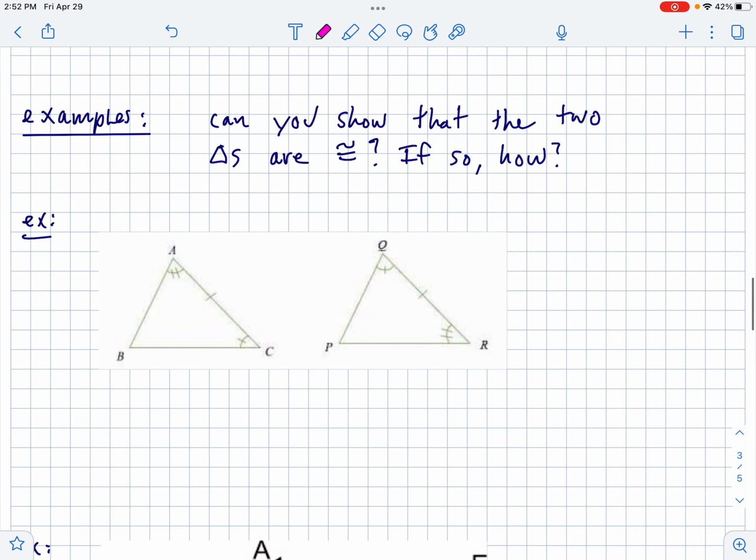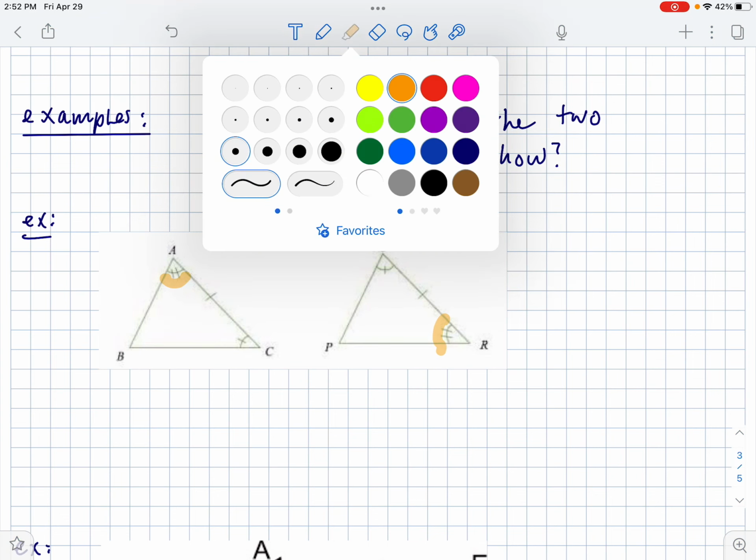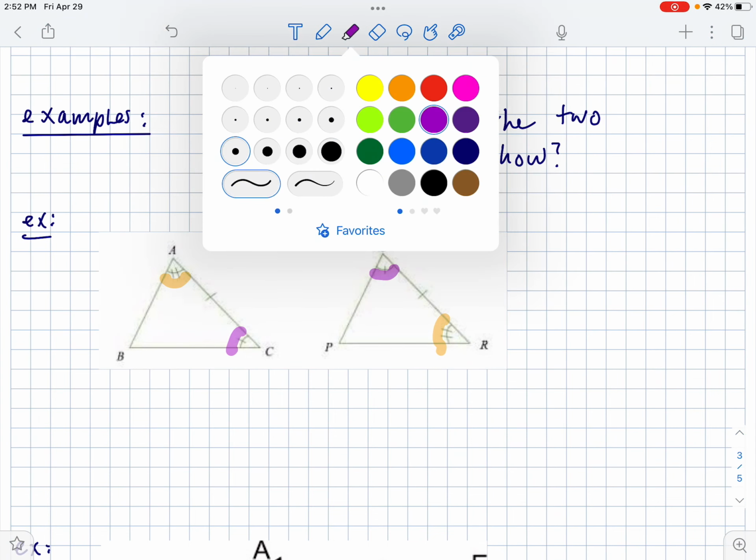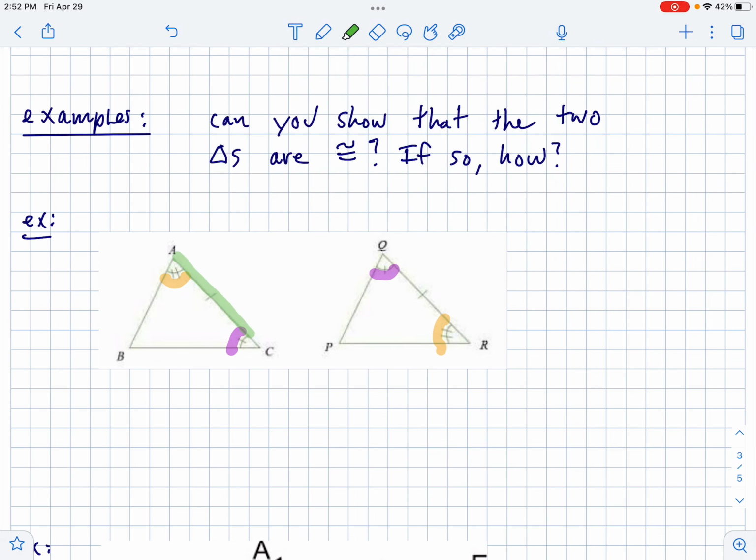Let's do some examples. First one, can you show that the two triangles are congruent? If so, how? When I look at this, oh wait, they're kind of twisted. Interesting. So here, this angle matches up with this one, and this angle matches up with this one, and then the third side is congruent to this. So yes, you can say these two triangles are congruent.